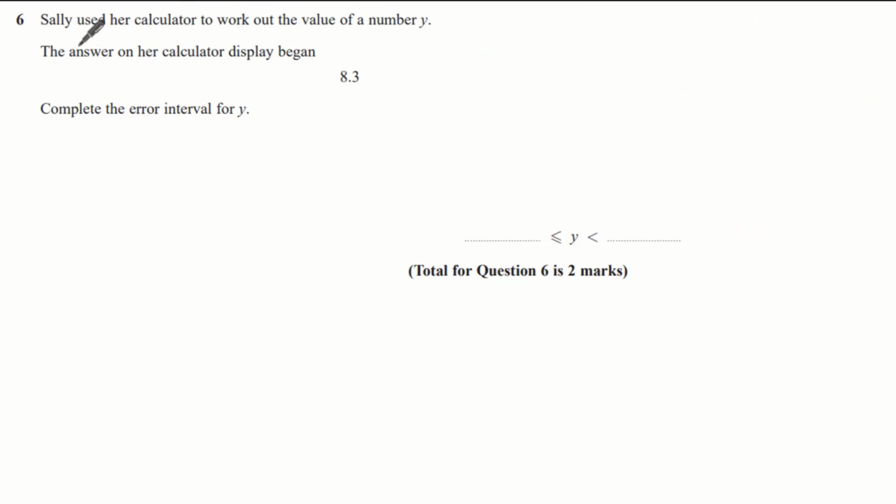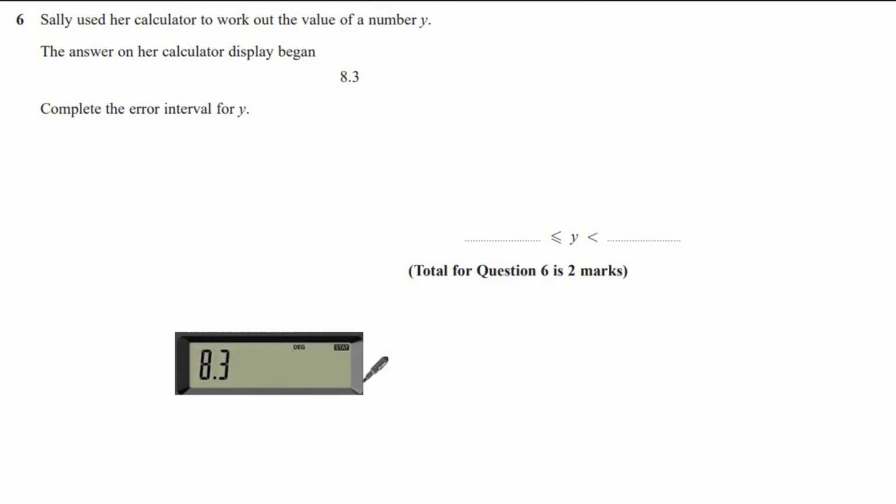Question 6 says Sally used her calculator to work out a value of a number y. The answer on a calculator began with an 8.3. We're asked to complete the error interval for y. Well, if you can imagine a calculator screen showing 8.3, this must be the absolute lowest value. So therefore, the lowest value in our error interval for y must be 8.3.